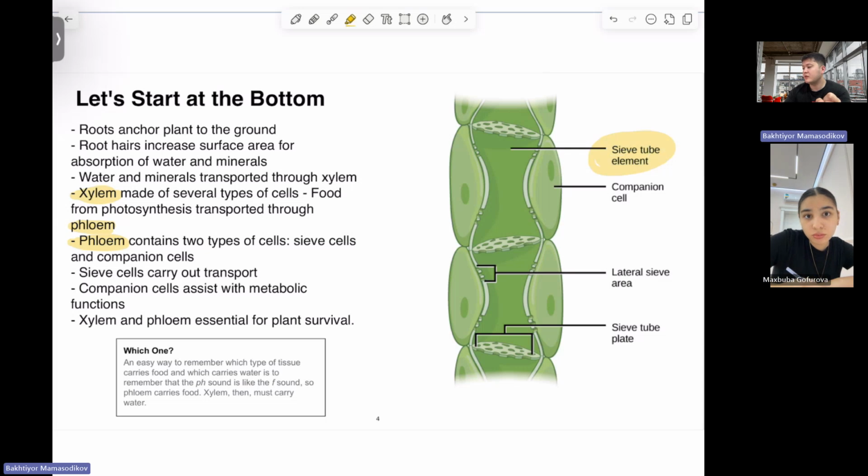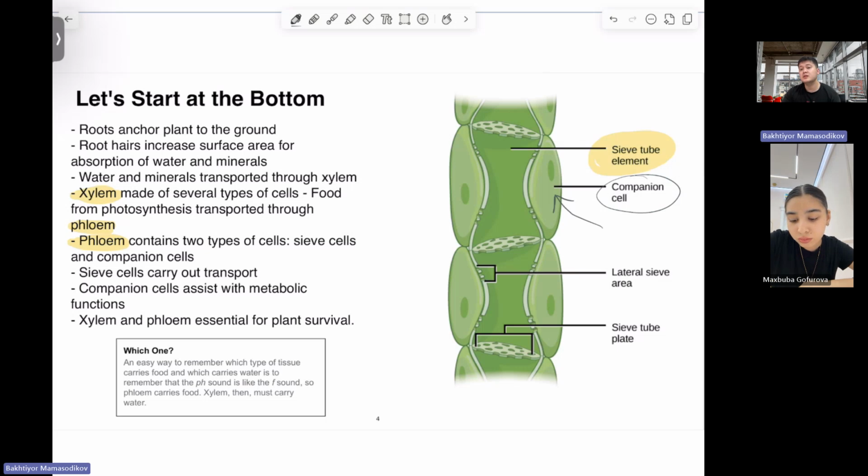As you can see, those sieve cells make up the transportation system inside. So this is the inner portion of the phloem. They are made of the sieve cells, and those sieve cells take part in the transportation, okay? Main transport tubes, they're like blood vessels, and they have the companion cells, and those are the companion cells.